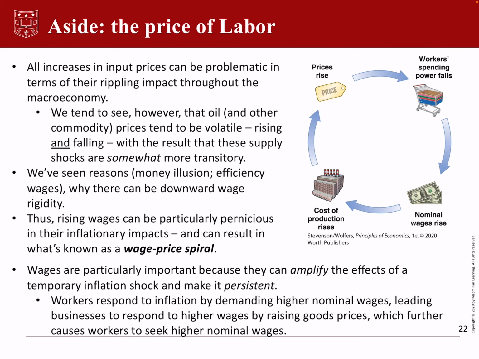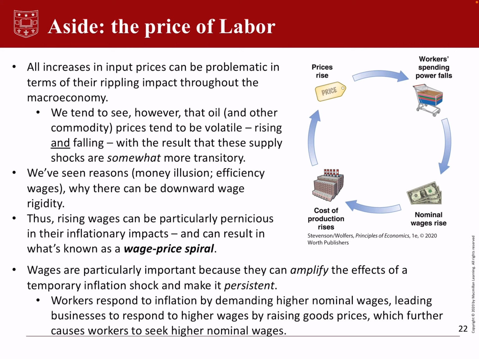So, something that can be problematic, however, is either a supply shock that feeds through to what's known as a wage price spiral, or just the original source of the supply shock is to labor prices, which are wages.